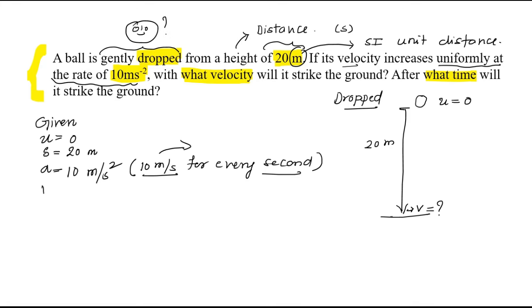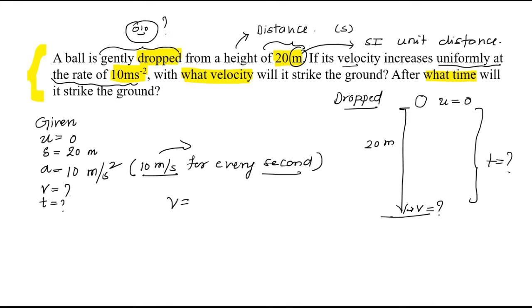We have to find the final velocity just before it reaches the ground, and then we have to find time. Time for what? Time to cover from here to here. That is the question. Now we have already understood three equations of motion. And what are those three equations of uniformly accelerated motion?